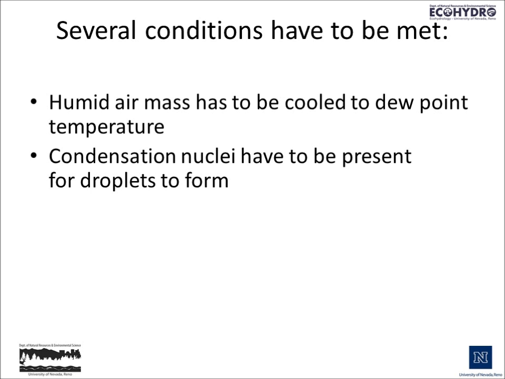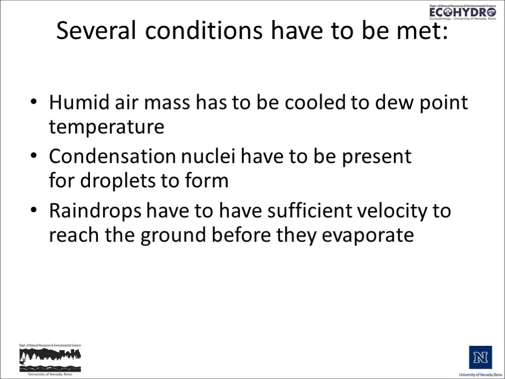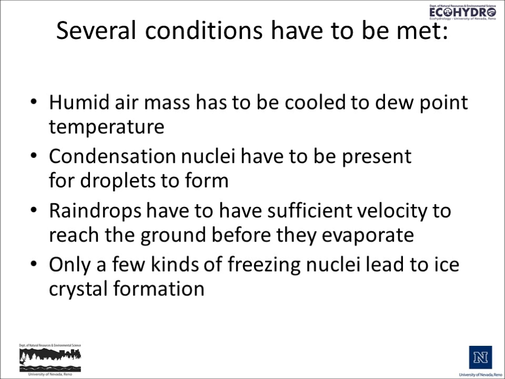Because condensation nuclei have to be present for droplets to form, and because raindrops or snowflakes have to have sufficient velocity to reach the ground before they evaporate, we have to introduce freezing nuclei to lead to ice crystal formation. And that's what cloud seeding is all about.